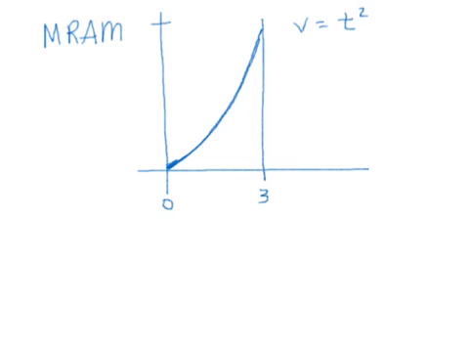Okay, the first method I'm going to show you is called MRAM. Now this first M stands for midpoint, and RAM stands for rectangular approximation method.